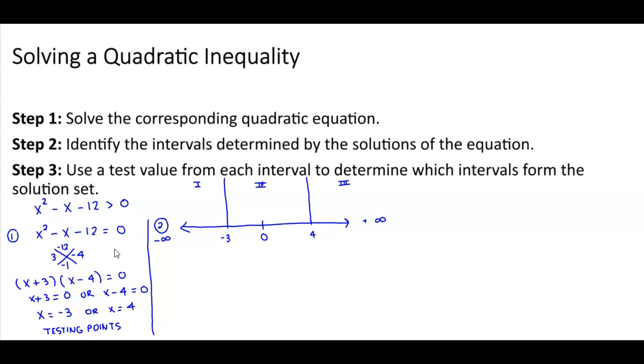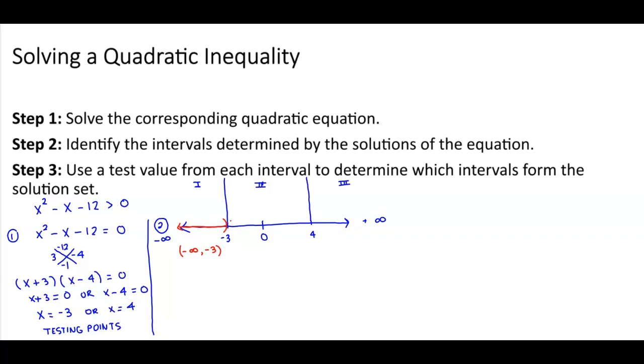So now we're going to identify these intervals. Since this says greater than and doesn't have a line underneath it, that means we have this interval that goes from here to negative infinity. So interval number 1 is negative infinity to negative 3.